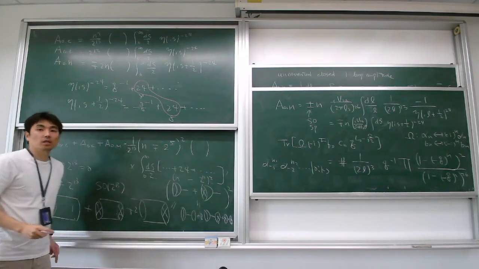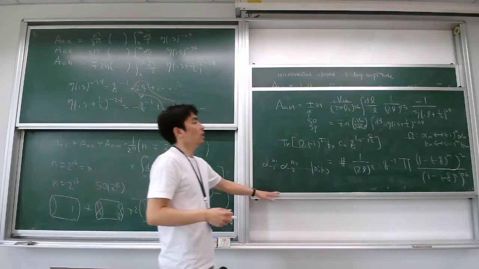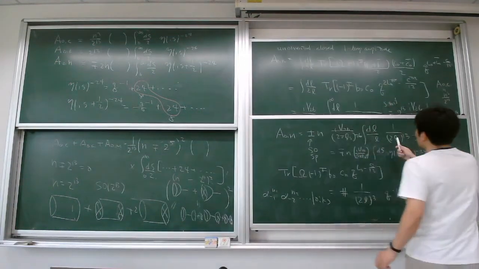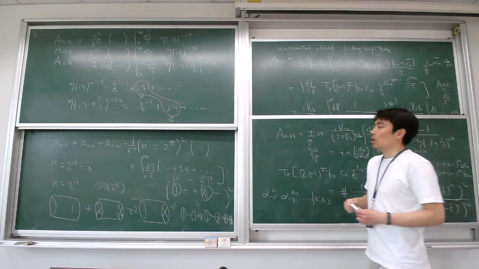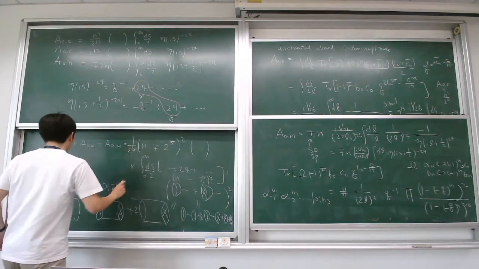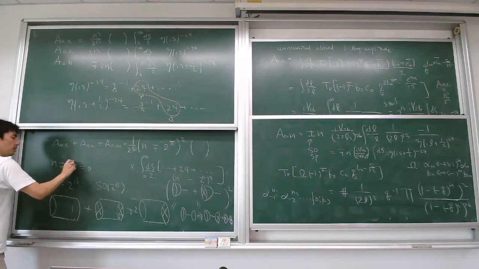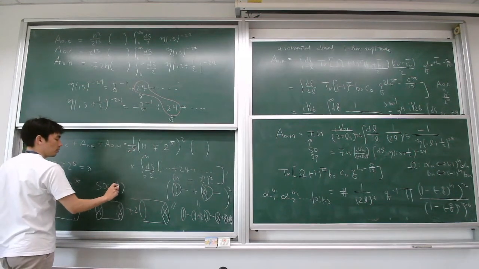Okay, the dimension d over 2. This factor 2 to the 13 really comes from the Gaussian integral. So therefore, it becomes 5, and this comes 5 in superstring.